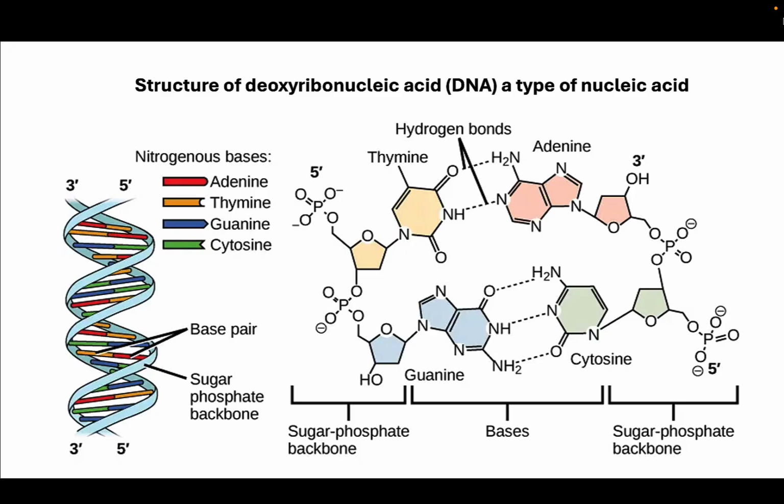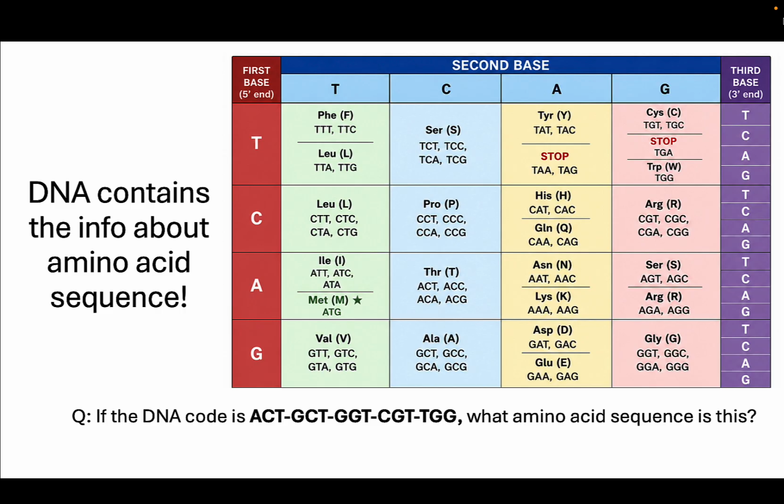And they pair based on hydrogen bonding, 2 hydrogen bonds between A and T, 3 between C and G. And so, right, this is all going a little bit fast, but this is the basic structure of DNA, and it's this sequence of the bases that codes for what protein gets synthesized. It's the protein that's synthesized that creates all the advanced function that we enjoy as human beings.